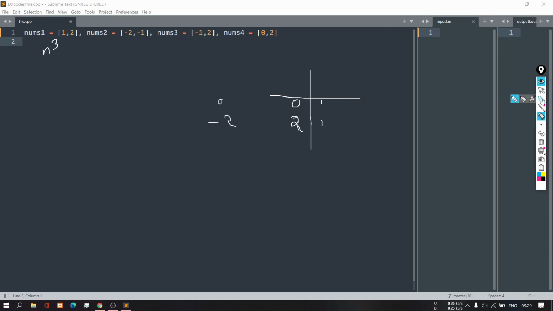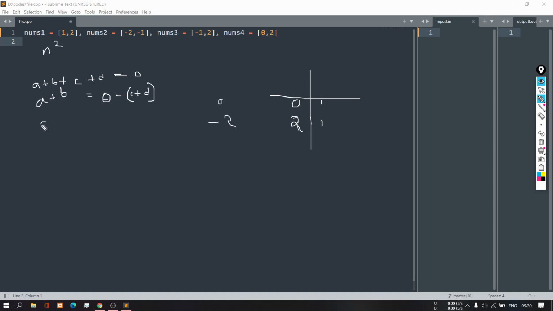But there is one more efficient way, like you can also do it in n square. So n square is all similar to the n cube solution. Here you can see that if a plus b plus c plus d is equal to 0, it means that A plus B is equal to 0 minus (C plus D).